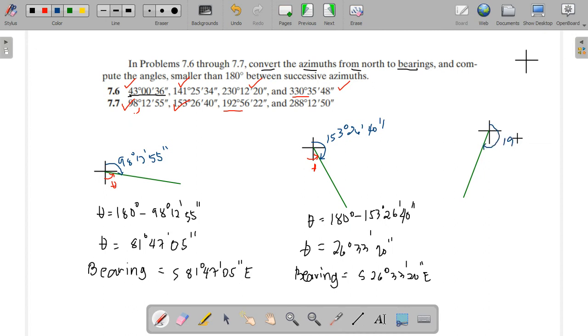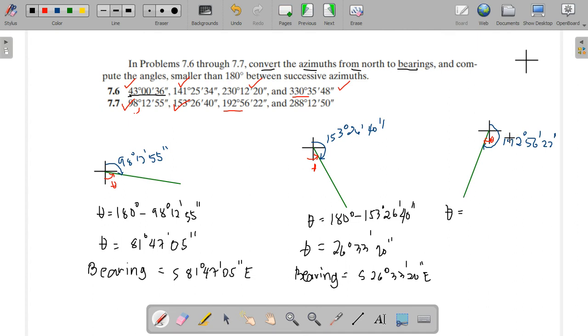This is 192 degrees, 56 minutes, and 22 seconds. And of course, this is your bearing. Then this is your theta. Alright, theta is your angular distance.